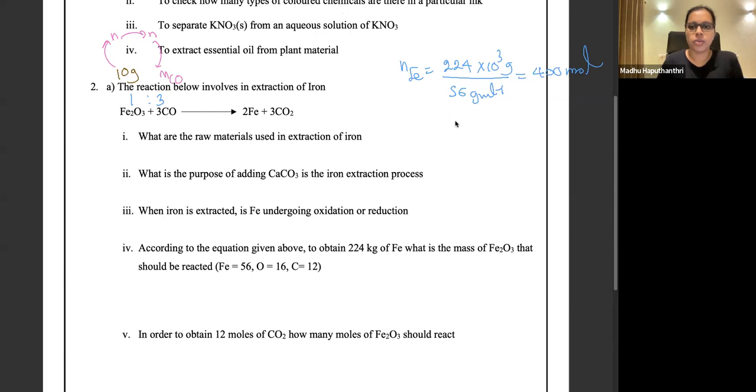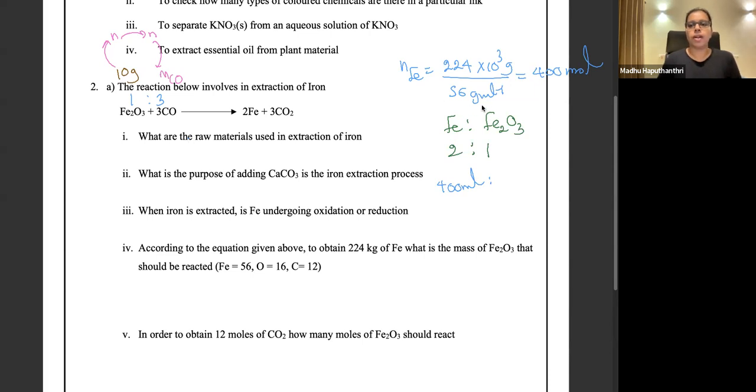Look into the ratio, Fe to Fe2O3. Fe here is 2 to 1. Now from Fe I have got 400 moles. What is the Fe2O3 moles I want? Half of that, no? Right?